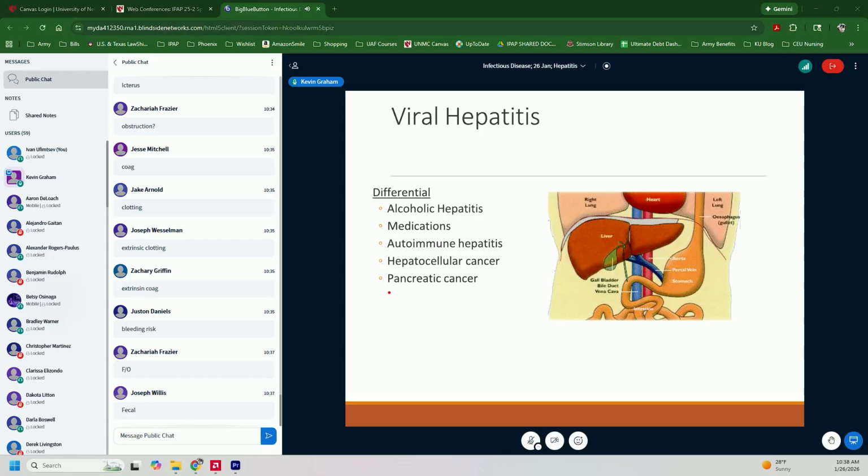If it's inflamed, it can cause elevated AST and ALT. And then non-alcoholic fatty liver disease. While we call it non-alcoholic fatty liver disease, a lot of times it's abbreviated NASH, non-alcoholic steatohepatitis. So those are things that could be at play as well with individuals that have an inflamed liver.